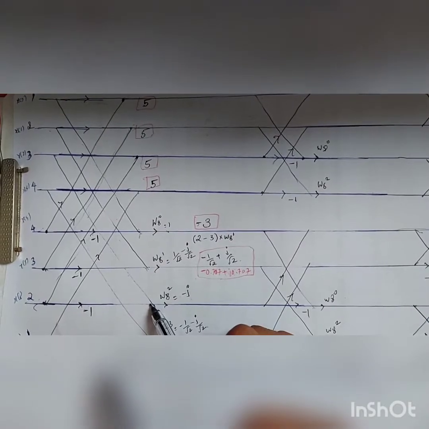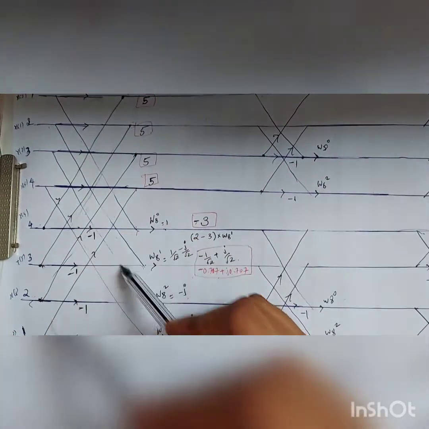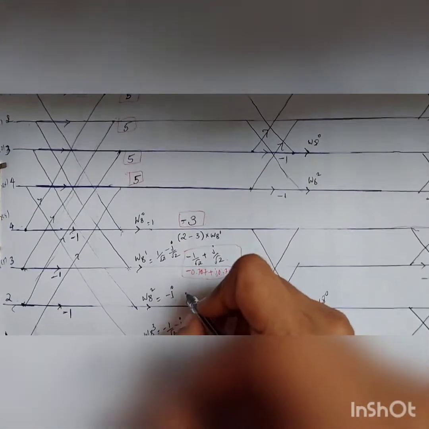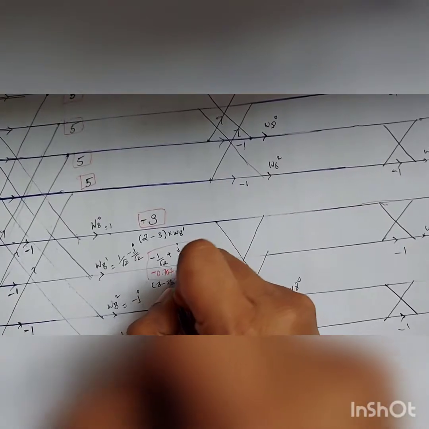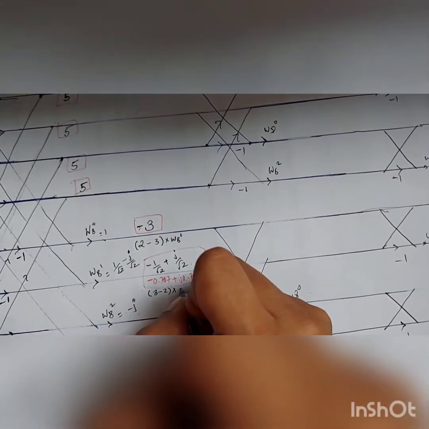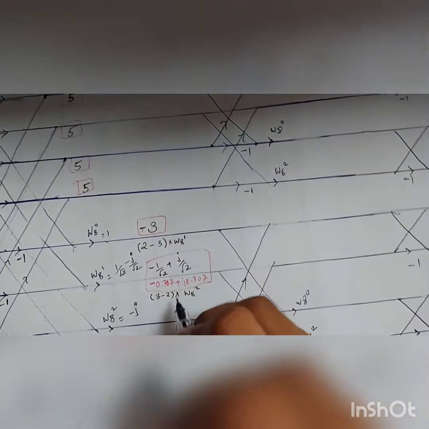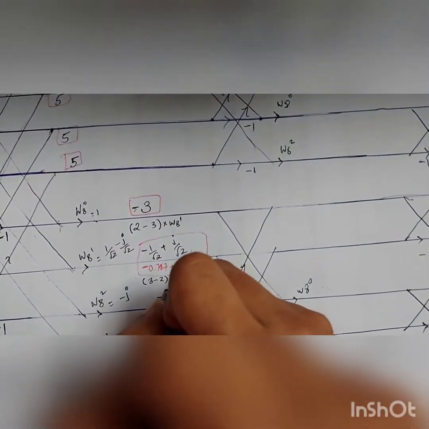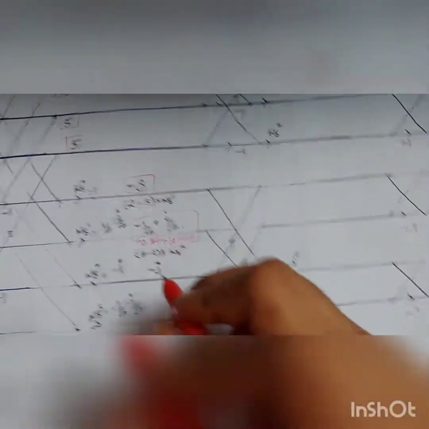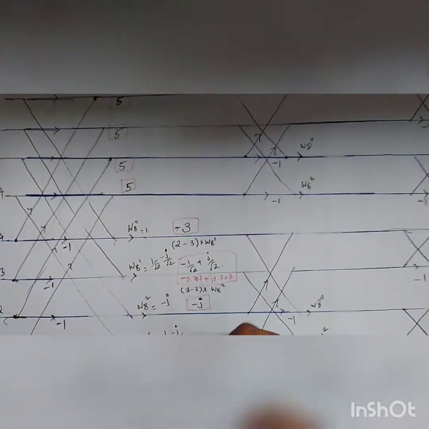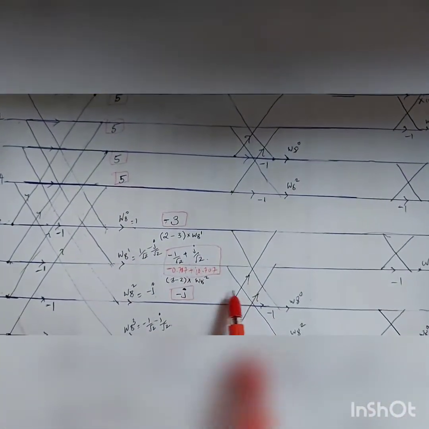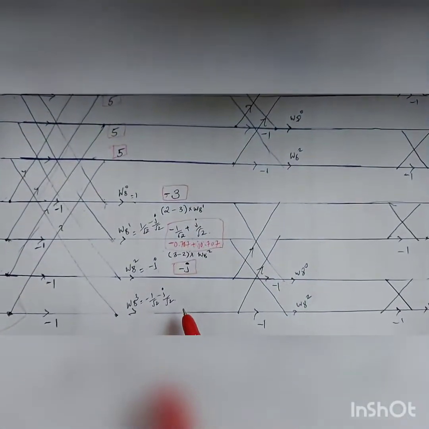You can see 2 into minus 1 is minus 2, so it is 3 minus 2 into W8 power 2, which is nothing but minus j. 3 minus 2 is 1, and 1 into W8 power 2 is the same as W8 power 2. So at this point it is minus j, which goes to the next stage. These values I wrote in red and boxed, these are the values you're going to consider for the next stage.